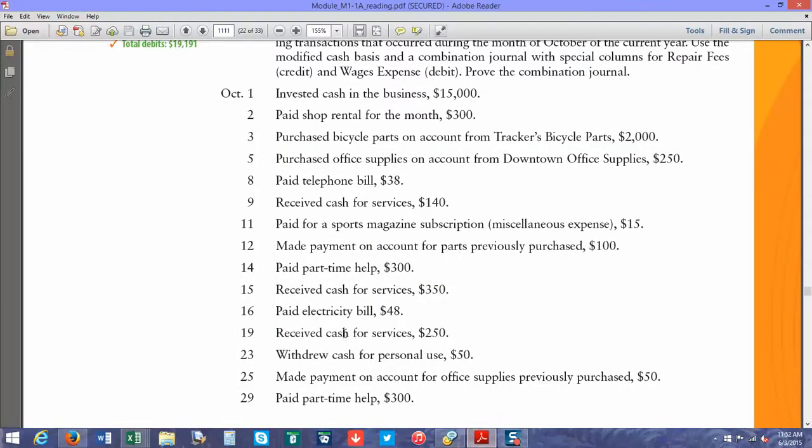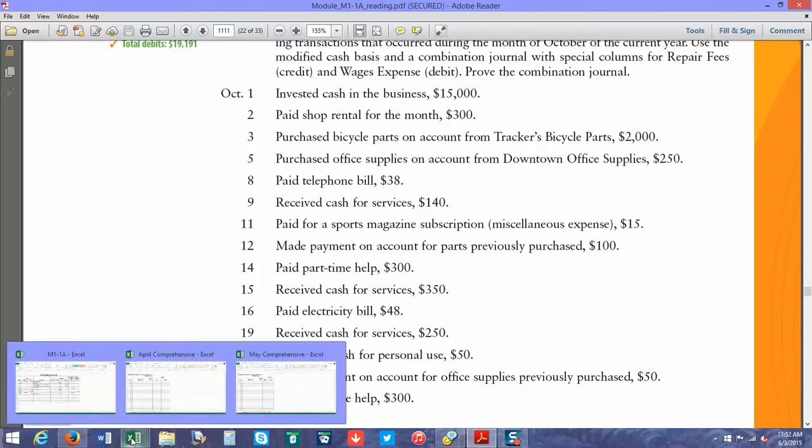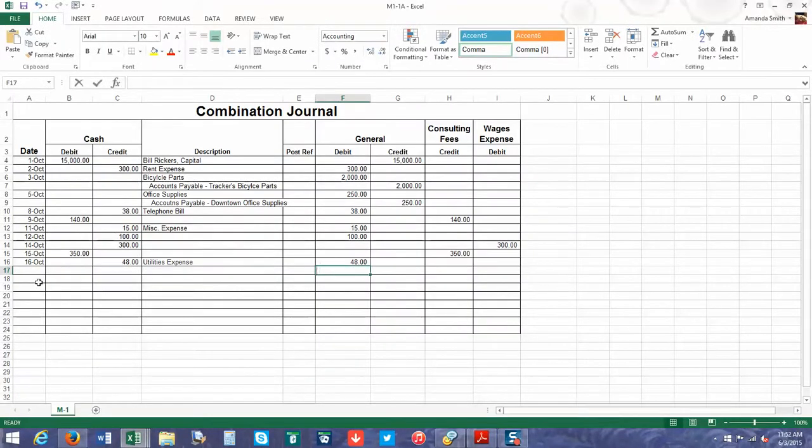We are almost done. We withdrew cash for services for $250 on the 19th. And then we're going to put Bill Ricker, drawing.